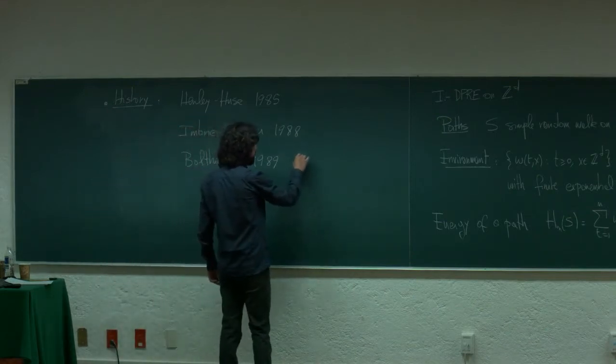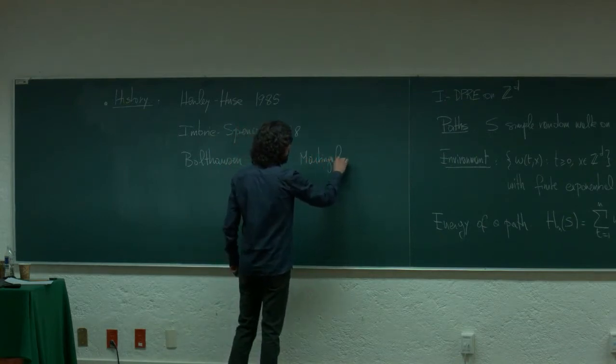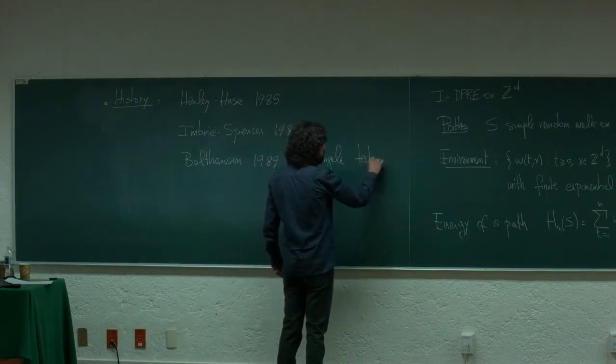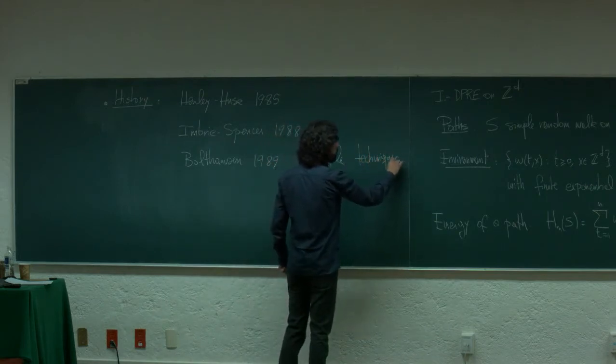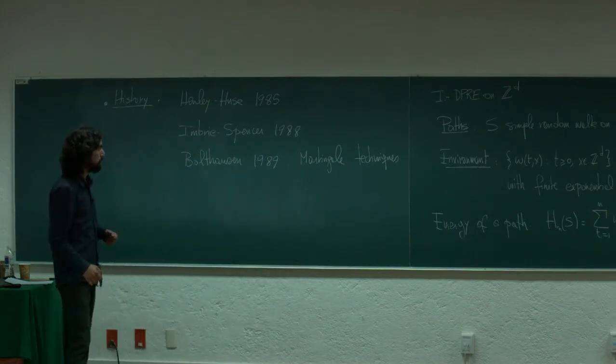He introduced some martingale techniques, so we will have the opportunity to review these on the tree. So these are the main techniques that were used afterwards to work on the phase diagram of the model.